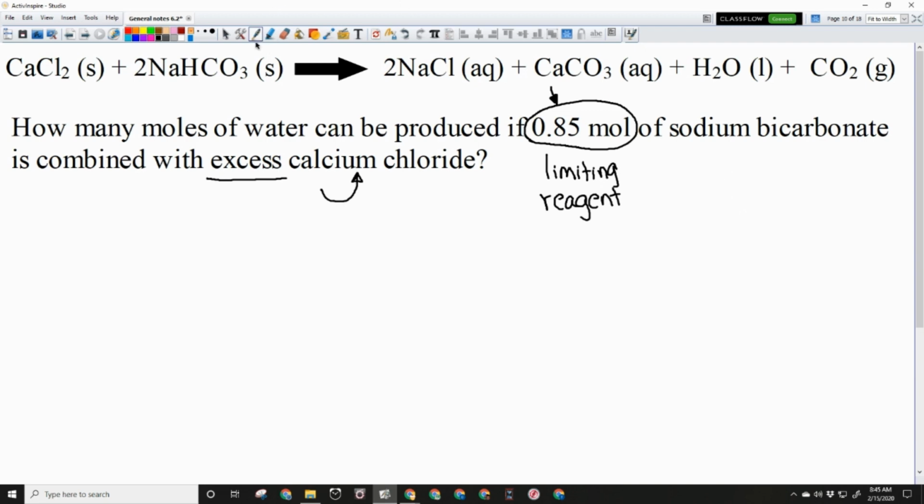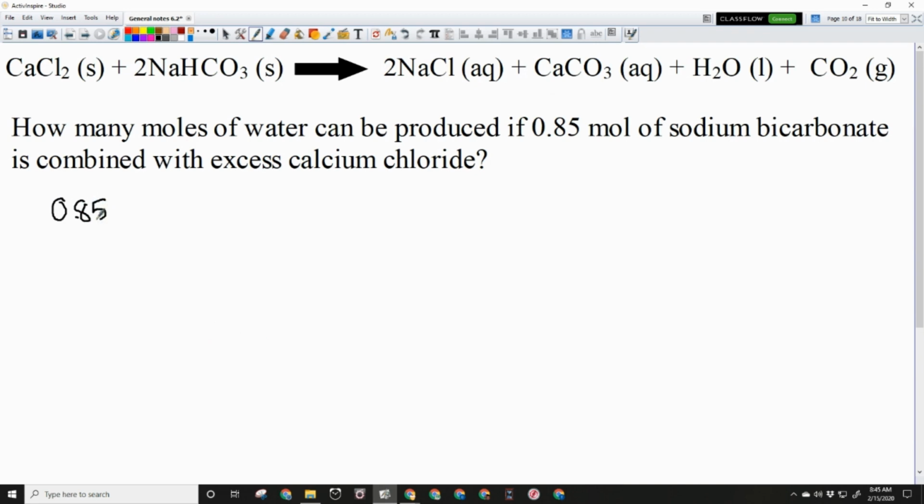Okay, all right, so let's get this rolling. Let's use our GLUES. We're going to start off with our given. So we have 0.85 moles of sodium bicarbonate, NaHCO3. And it asks how many moles of water, and that's H2O.